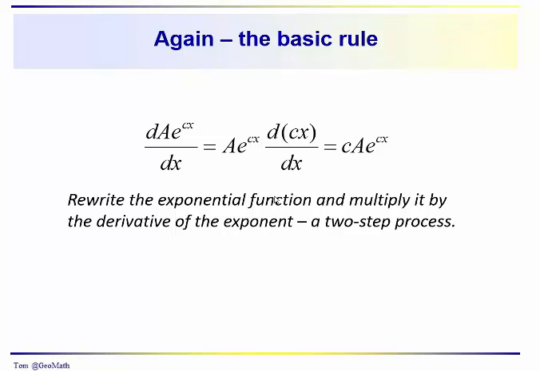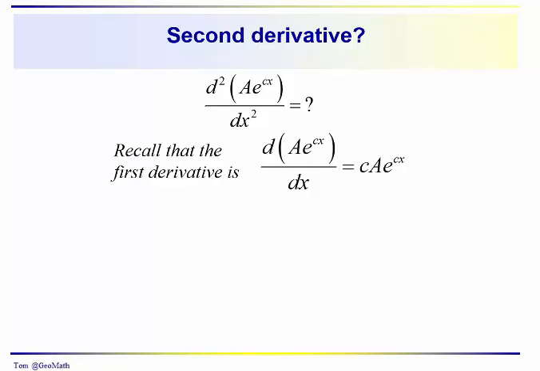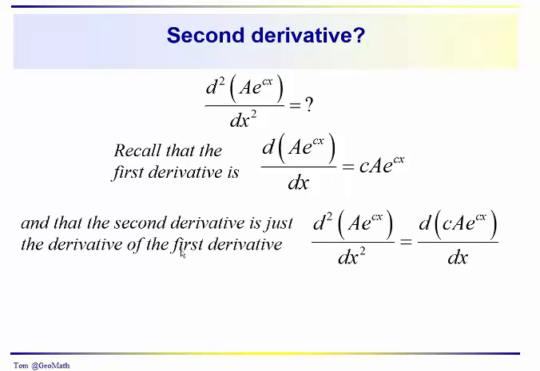Just a two-step process. If we did something like take the second derivative, remember this is the first derivative, so that would be the derivative of the first derivative.